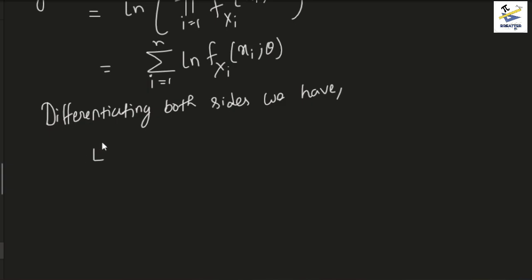Well, it's obviously L prime by L, and we are differentiating with respect to theta, of course. Since we are maximizing over theta, we differentiate with respect to theta, and differentiating you get something like this.